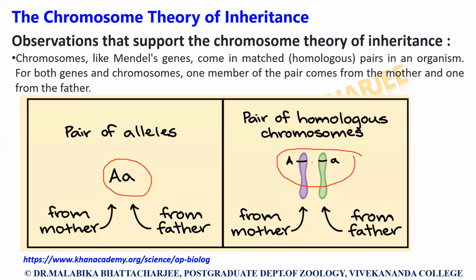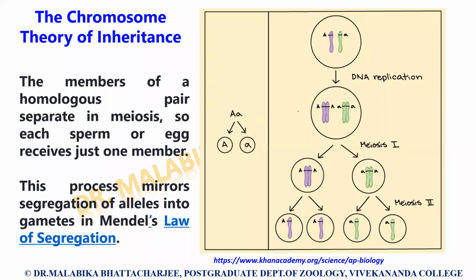This is a homologue. Next, during DNA replication, they are showing the cell cycle part. So this is a cell entering the cell cycle: doubling of the DNA content, meiosis 1 segregation, meiosis 2 segregation. This is a very simplified picture showing us the law of segregation through one gene.